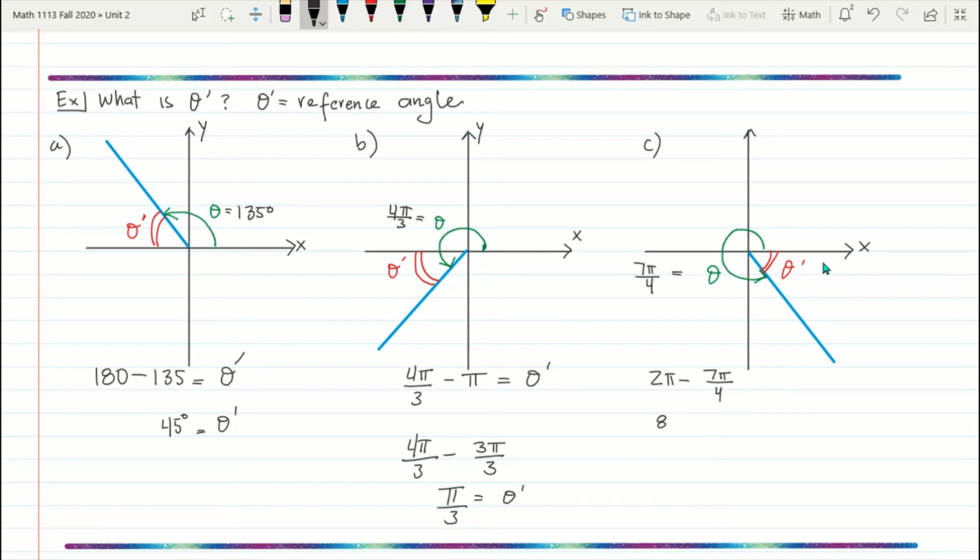And to get the same common denominator, we have 8 pi over 4 minus 7 pi over 4. And remember, this equals theta prime. And then we have pi over 4 as the reference angle. So that's how you are going to find exactly what the reference angle is. Okay.